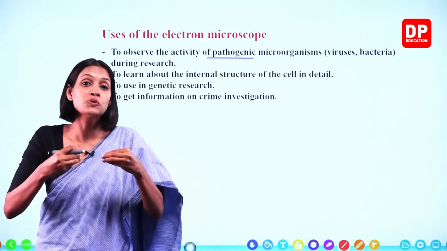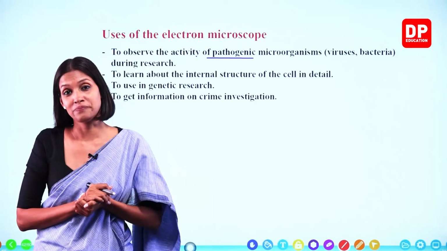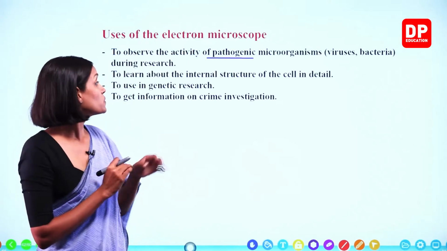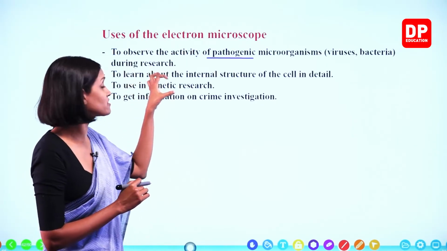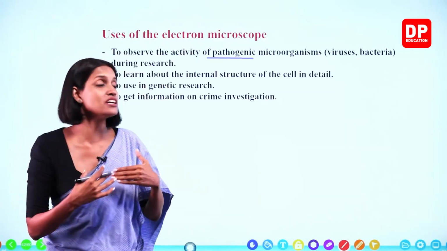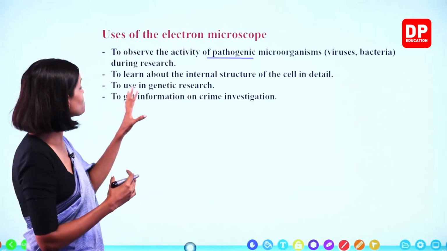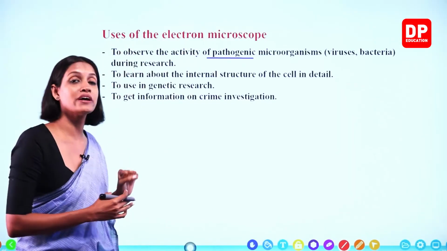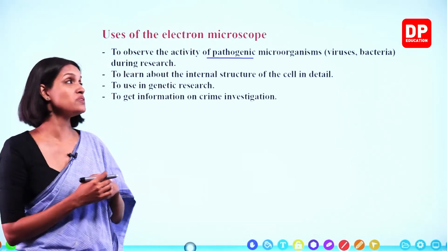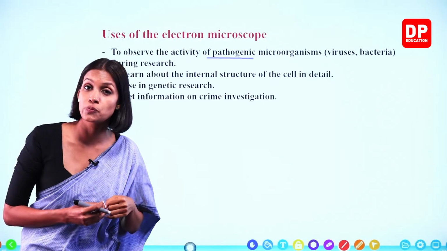That is because those details are indicated in DNA. Right, children? So to study these DNA and genes, the electron microscope is very important, because we can't observe genes and DNA through the light microscope.